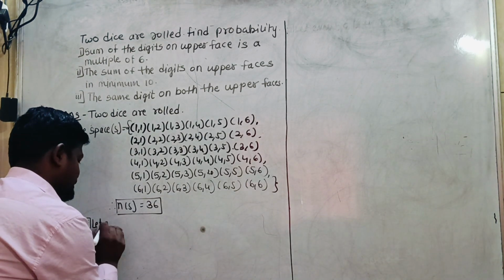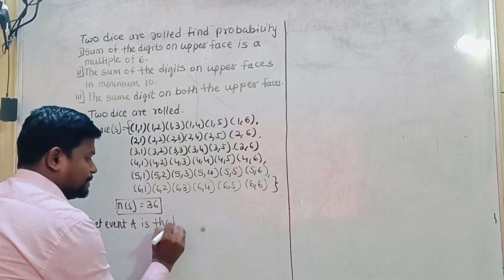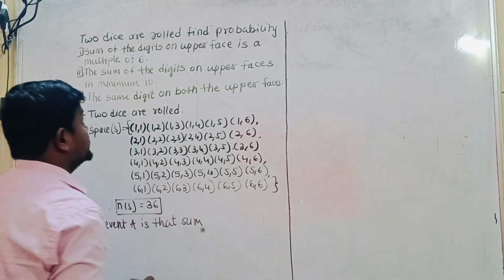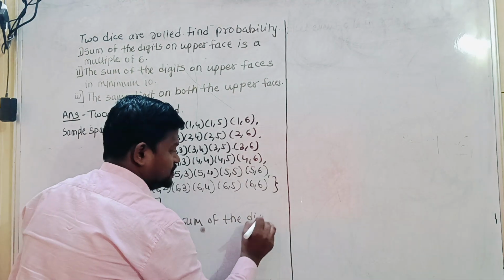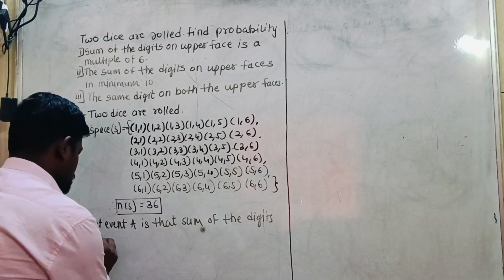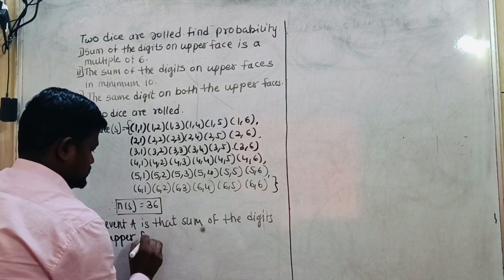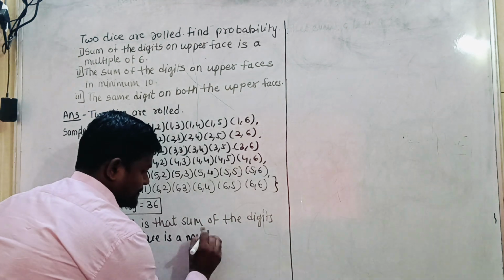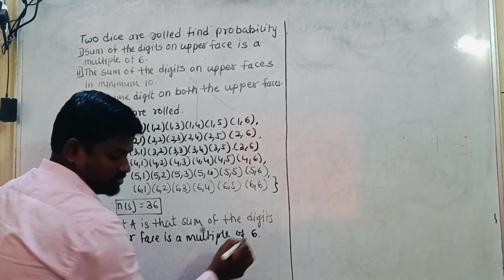Let event A be that the sum of the digits on the upper face is a multiple of 6. We have to write down the full sentence.